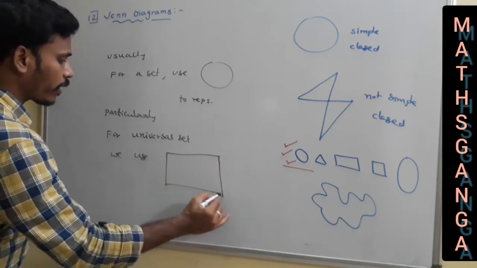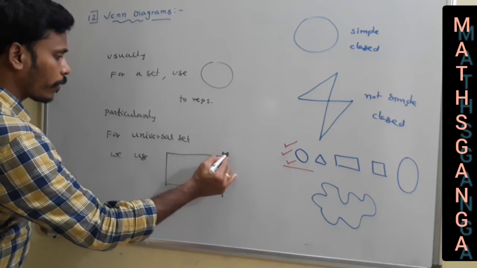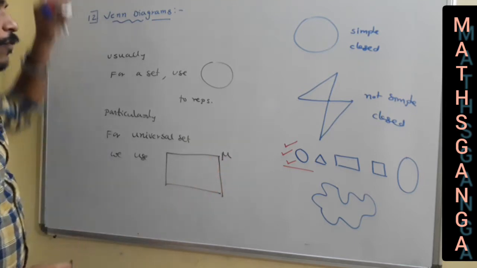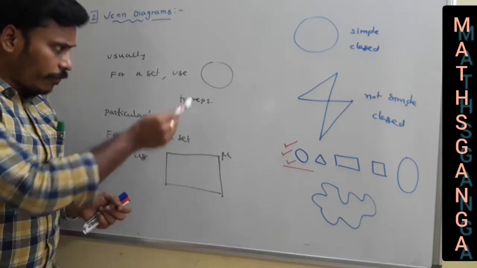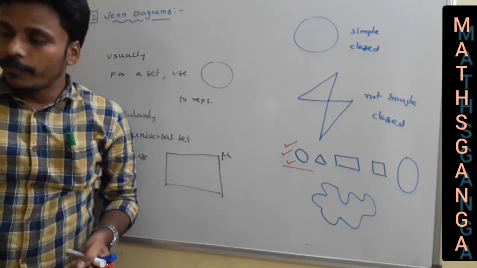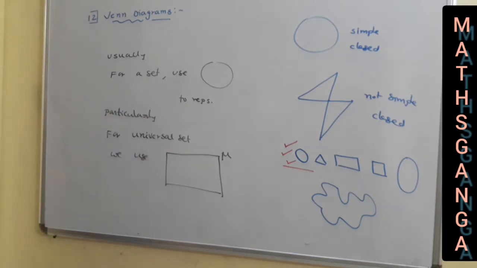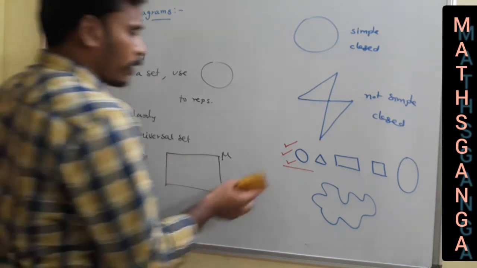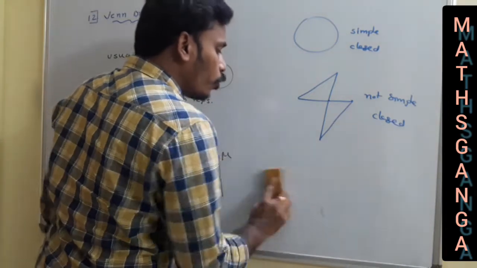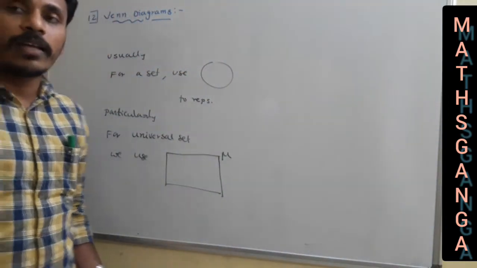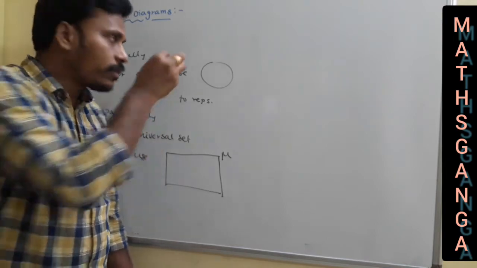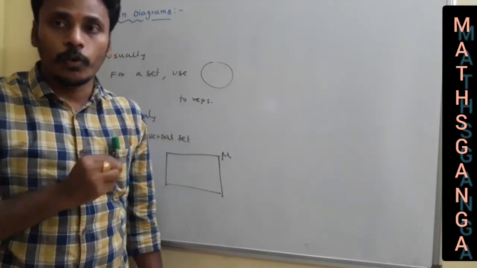This type of rectangle we usually use to represent the universal set, and for the normal sets we use circles. We use a circle to represent any set, whereas we use a rectangle to represent the universal set. And we know that the universal set is the superset of all the sets involved in the consideration, and every set is a subset of the universal set.